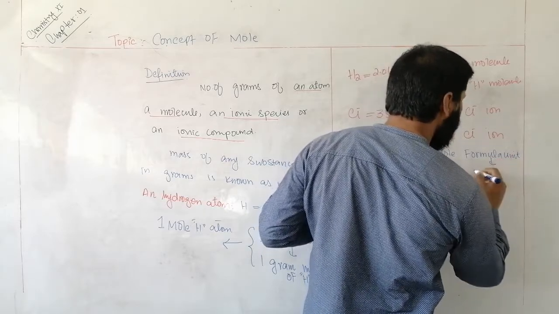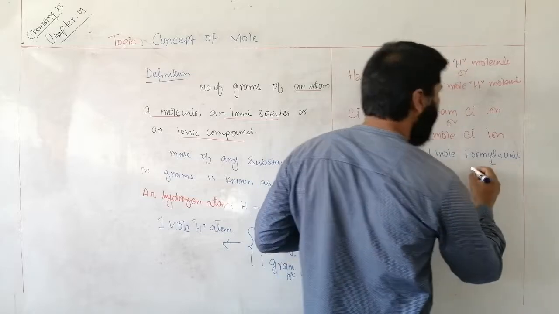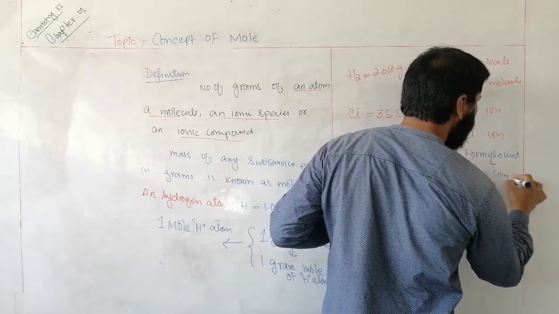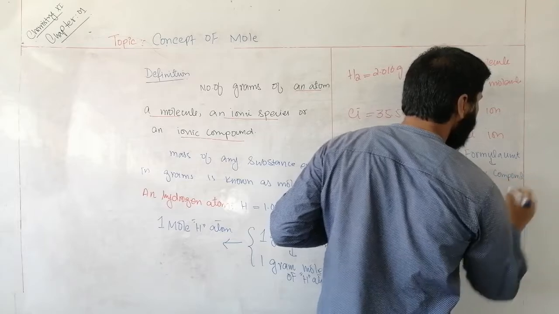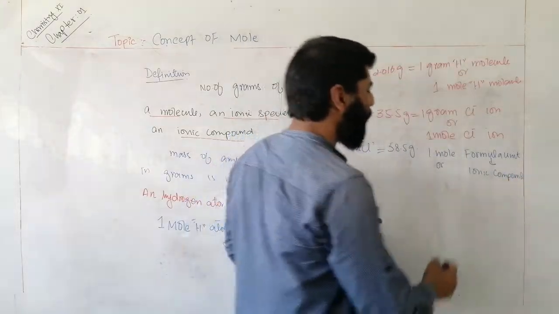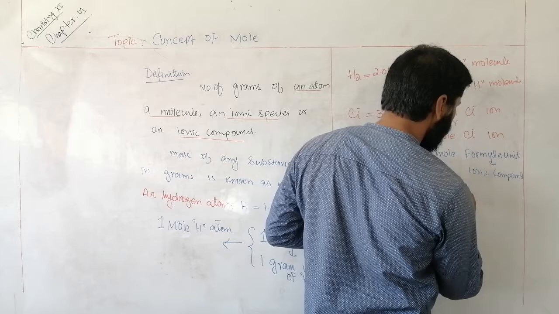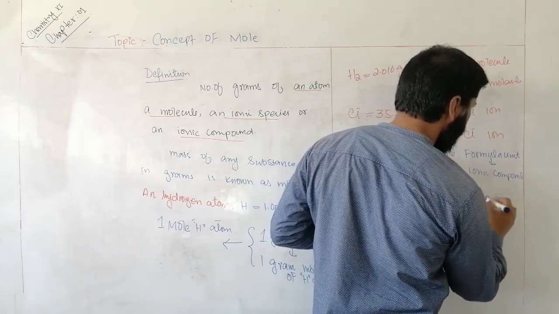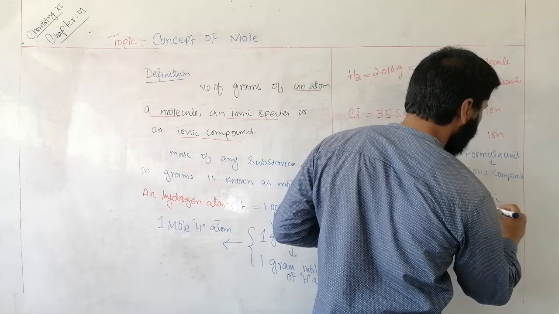Instead of formula unit you can also write ionic compound, or simply 1 mole ionic compound.